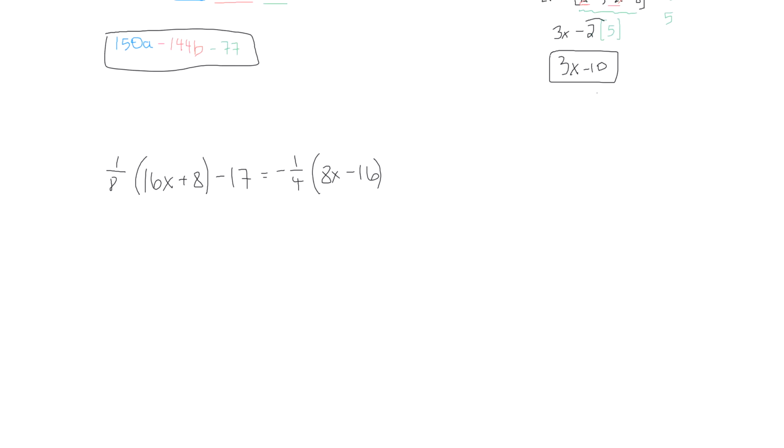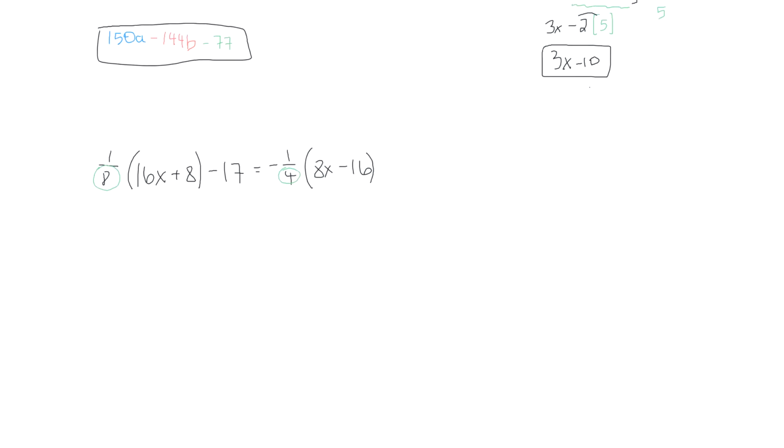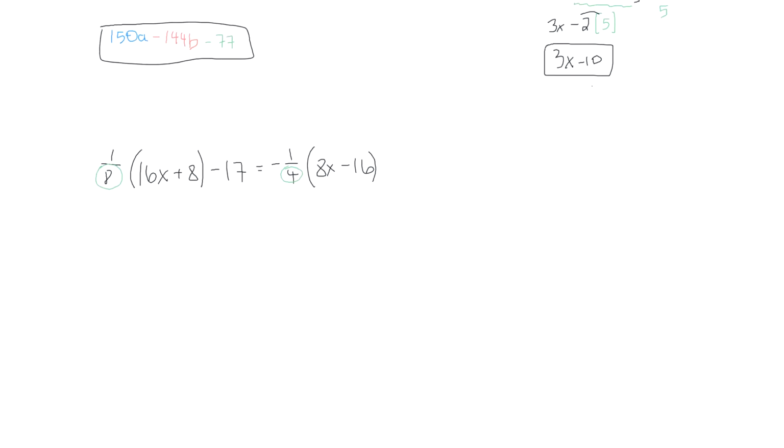To get rid of the fraction, I'm going to multiply by a number that 8 can go into and 4 can go into. What's that number going to be? A number that 8 is divisible into and 4 is divisible into. Good job, 8. I'm going to multiply the whole thing by 8 over 1.